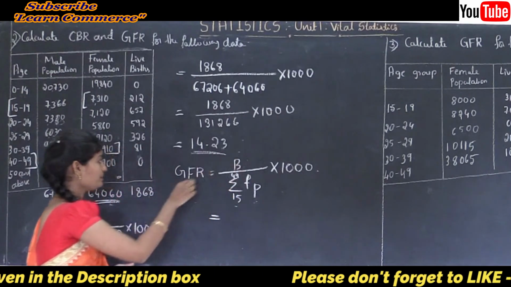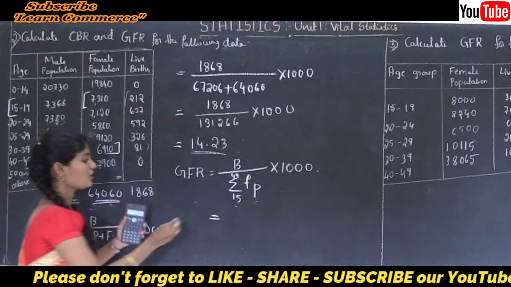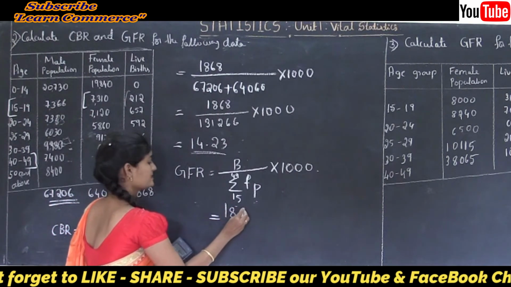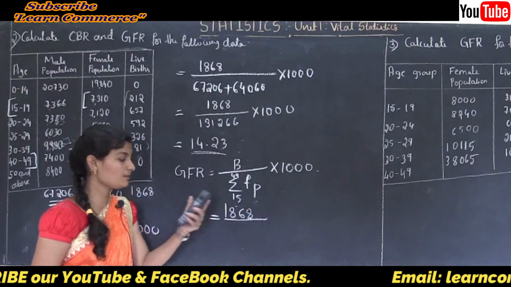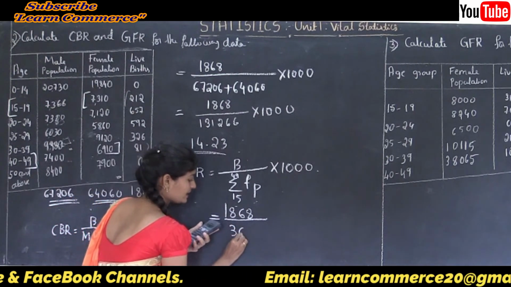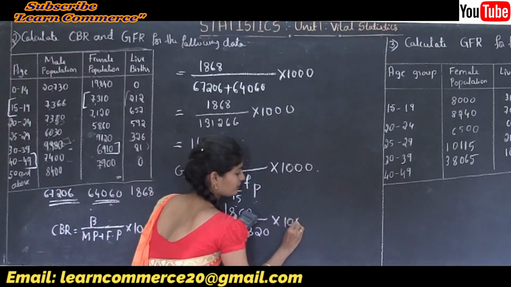GFR is equal to B, where B is from here to here, that is 1,868, divided by the female population, 36,320, into 1000.